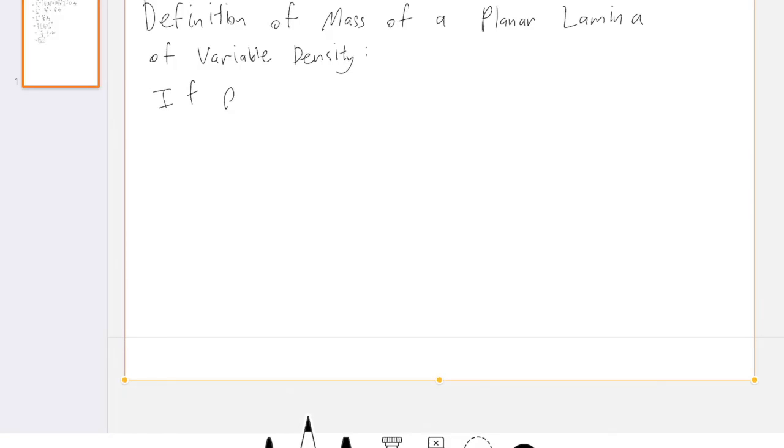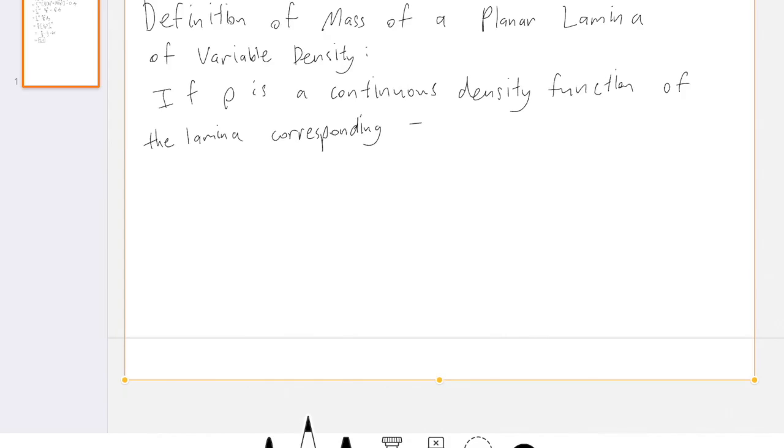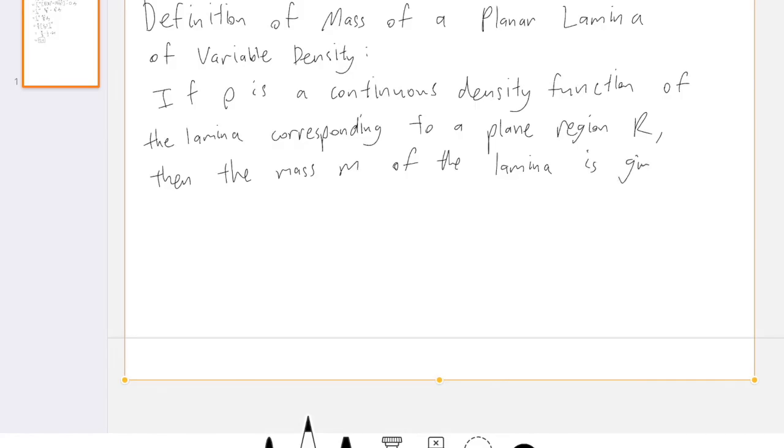So if rho is a continuous density function of the lamina corresponding to a plane region R, then the mass m of the lamina is given by m equals double integral over the region R, rho as a function of xy dA.